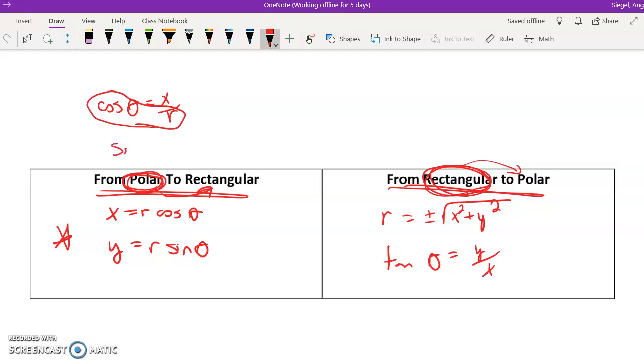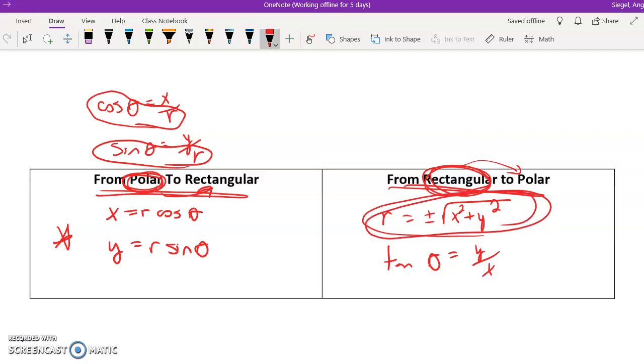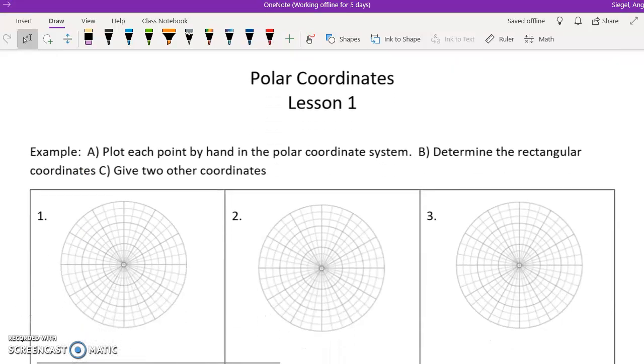Same thing with sine is y/r. So all we're doing is multiplying those together. This is just that basic Pythagorean theorem, x² + y² = r². And then this is the tangent formula. So we're just using those formulas that we've talked about before to our benefit here.